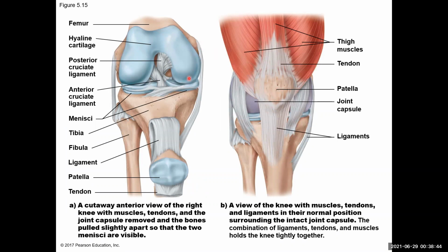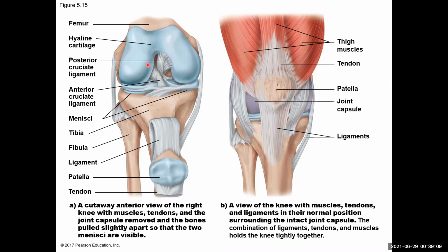So you see here, for example, you have your anterior ligament, which is connecting the top of the tibia to the lower end of the femur. And then you can see this blue cartilage here, which is the hyaline cartilage, and you have your meniscus right here.